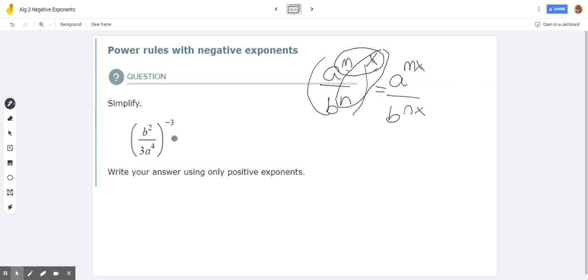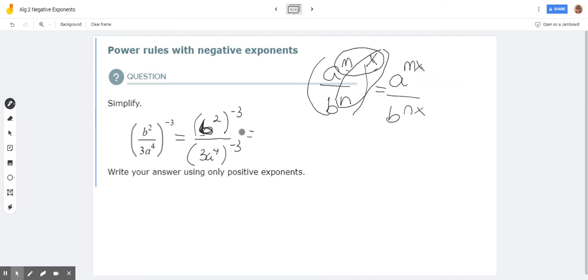Okay, numerator and denominator. Let's not be hasty. Let's go ahead and use the rule and write it correctly. So I'm going to go b squared to the negative 3 and 3a to the 4th to the negative 3.